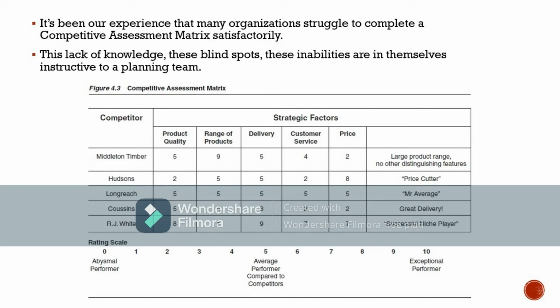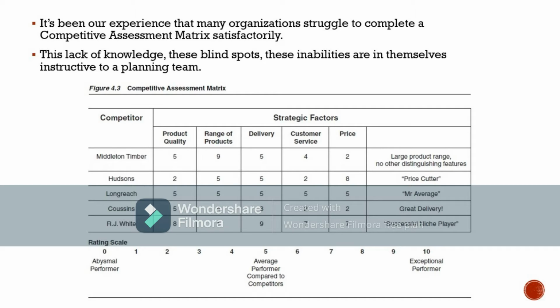Figure 4.3 is a competitive assessment matrix for the Middleton Timber Company, our hypothetical company. The 5 strategic factors relevant to the key stakeholder, customers, are used to assess Middleton Timber and its competitors, which are Hudson's, Longreach, Cousins, and R.G. White.